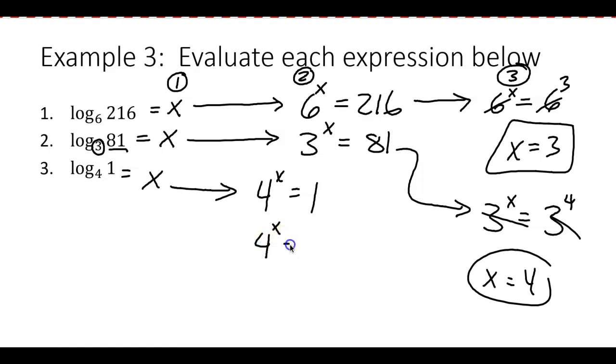So you guys, what can I replace? This is not on your chart. Yeah. So this one's weird. What can I replace? A 4 to what power is equal to 1? It's 0. So the answer is 0. So that's a weird one. Just so you guys know, anytime there's a 1 here in a log, it'll always be 0 is the answer. Okay. All right.